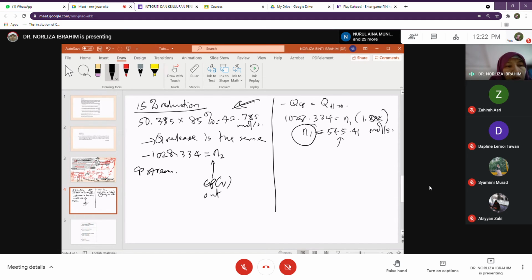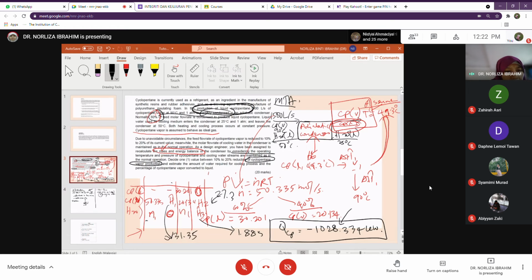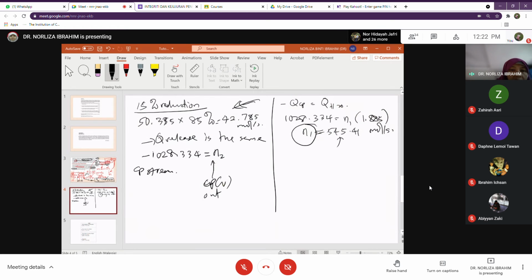And the cyclopentane earlier, what is the flow rate? Earlier the cyclopentane vapor is, I can see from the table, 20. Previously this is 20.334, 134.